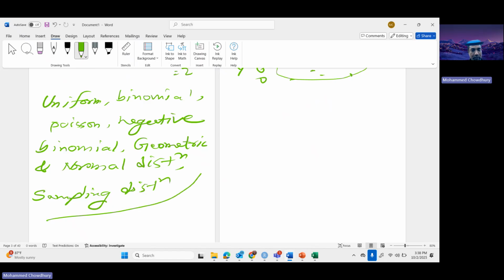These are the things I will cover in maybe 3 weeks, and then I will go for the test of hypothesis and confidence interval. Okay, we have plenty of time.